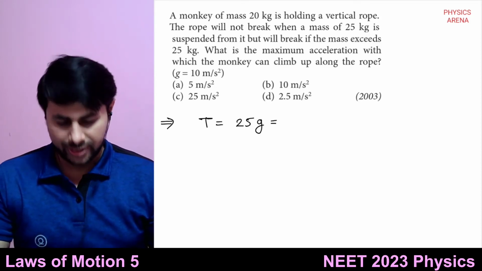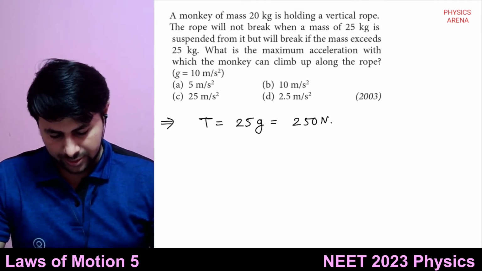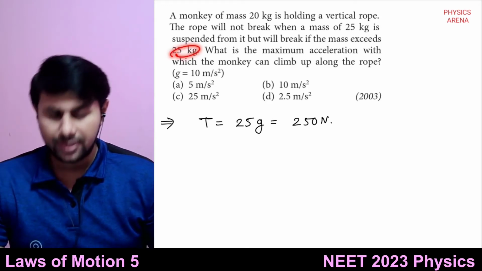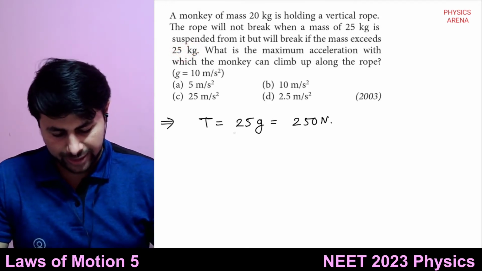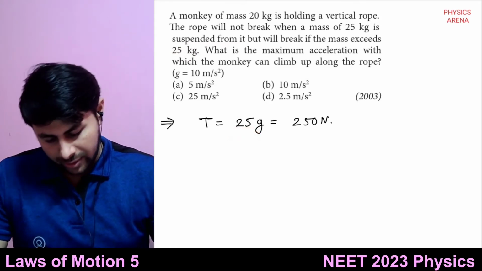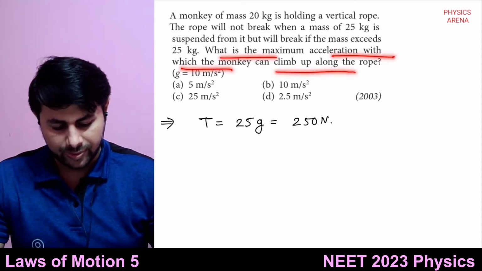Let's suppose g is 10, so it is 250 newtons, right? So if it exceeds 25 kg, it will break. That means the maximum tension that it can take is 25 g. Then what is the maximum acceleration with which the monkey can climb up along the rope?